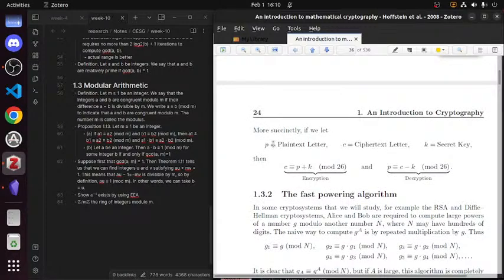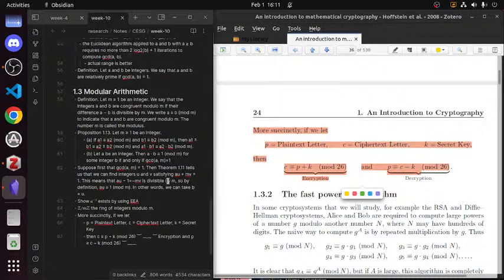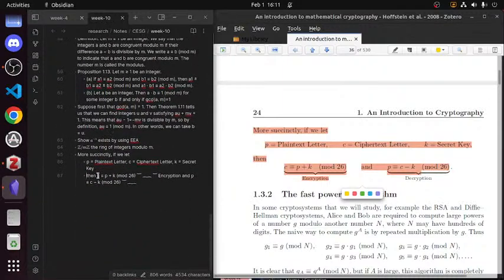More succinctly, if we let P be the plain text letter, and K equals secret key, and C the ciphertext letter, then C is congruent to P plus K mod 26.